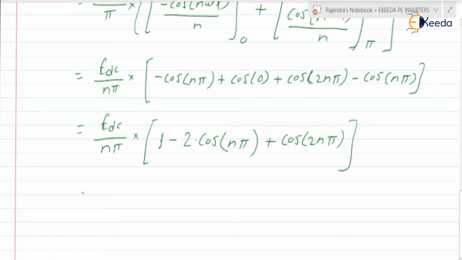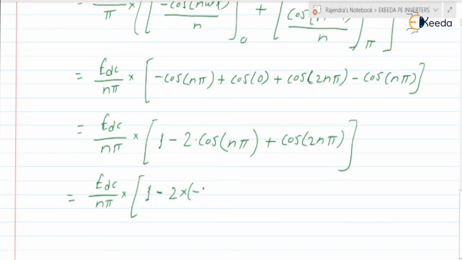Further, it is equal to Edc by n pi into 1 minus 2 into, what is the cos of n pi? If you check n is equal to 1, it is cos pi, which is minus 1. N is equal to 2, it is plus 1, cos 2 pi. N is equal to 3, it is minus 1.